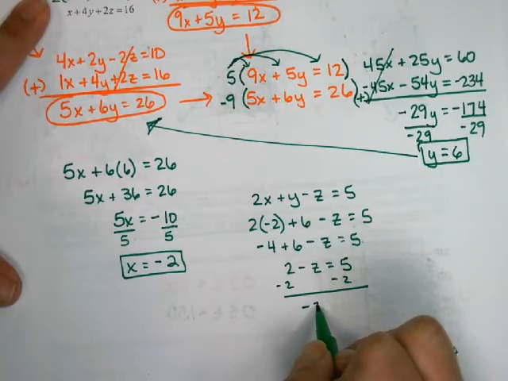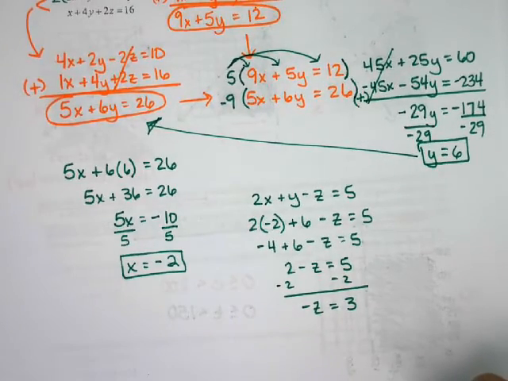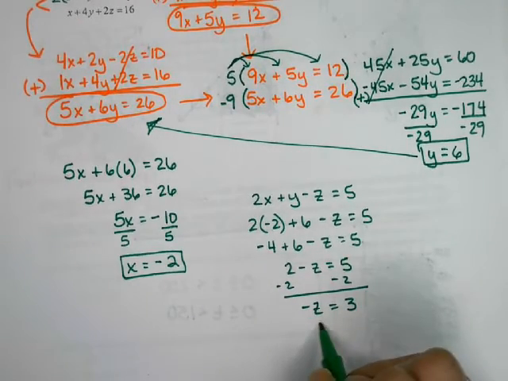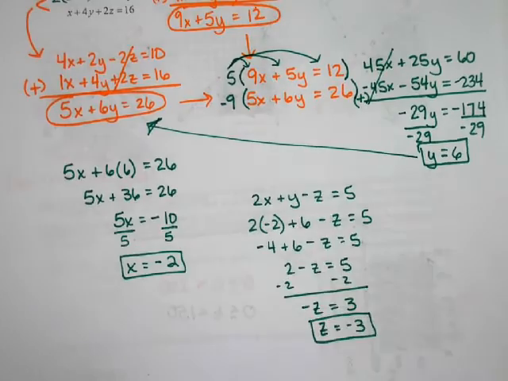Be careful, that's a negative z, so keep his negative with him. So negative z is 3, so what's z? Negative 3.